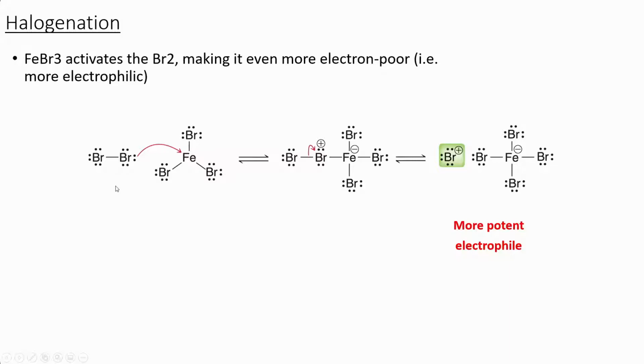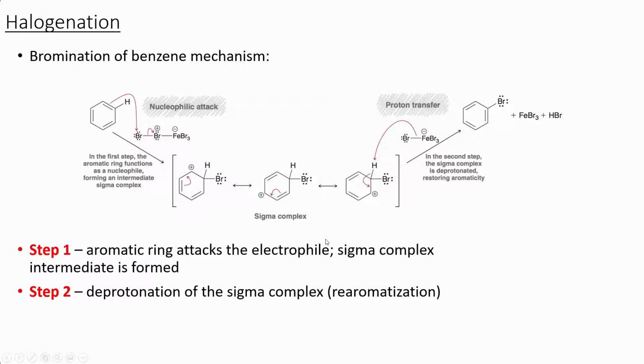If we subject bromine to iron tribromide, bromine will nucleophilically attack the iron, and that creates this species as an intermediate, which essentially is a source of bromine plus, which is a more potent electrophile. So our double bond in a benzene ring will react with this species, whereas before it would not react with just Br2. And we can look at the mechanism of that reaction.